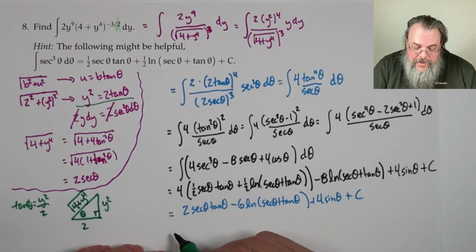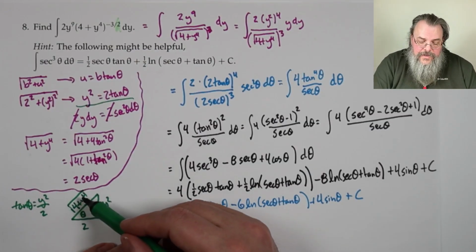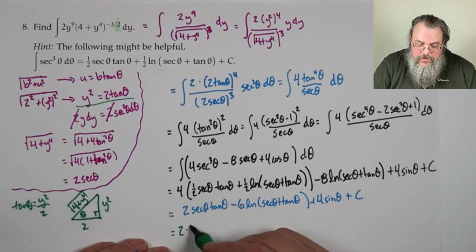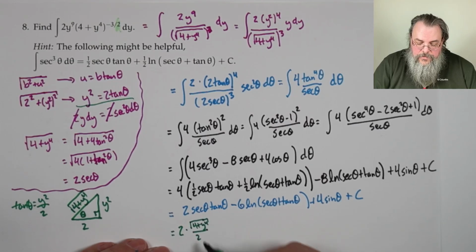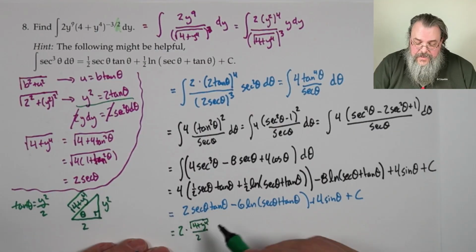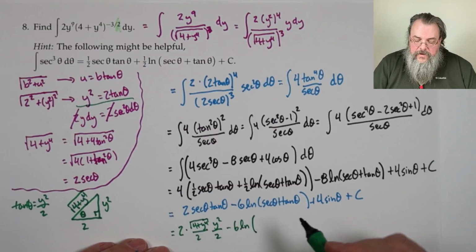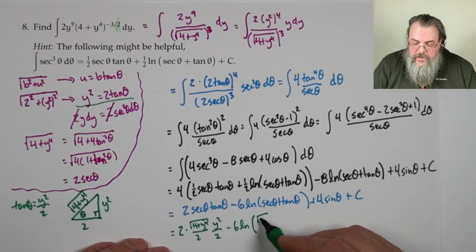Okay, so we say, great, well, what's secant? Secant is hypotenuse over adjacent. So that's the square root of 4 plus y to the 4th over 2. Tangent is opposite over adjacent, so that's y squared over 2. Minus 6 log. Okay, secant, again, hypotenuse over adjacent, square root of 4 plus y to the 4th over 2.